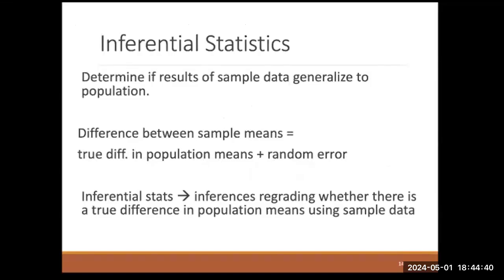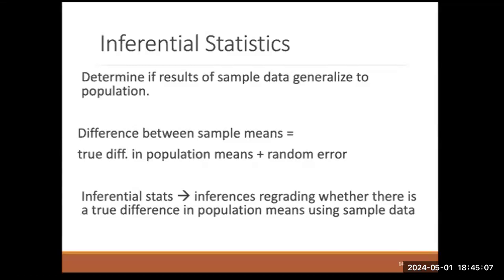So inferential statistics helps to determine if the results of the sample generalize, which is the word we like to use, external validity. If those results of the sample will generalize to the population. So the difference that we find between sample means, control group and experimental group, should also be found if there's a true difference in the population, plus random error.